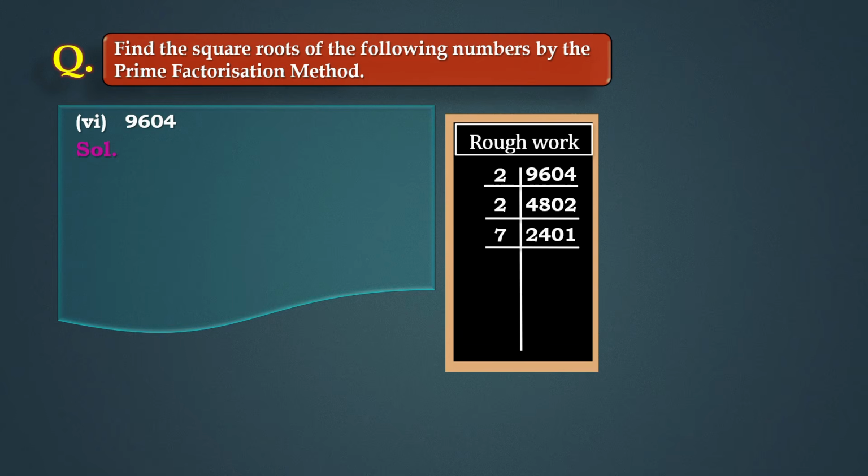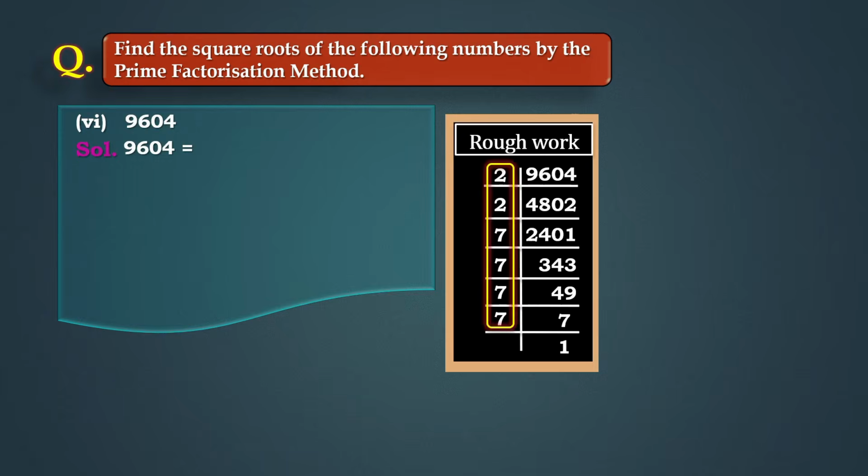2401 divided by 7 gives 343. 343 divided by 7 gives 49. 49 divided by 7 gives 7. 7 divided by 7 gives 1. So, we can write 9604 as 2 multiplied by 2, multiplied by 7, multiplied by 7, multiplied by 7, multiplied by 7.